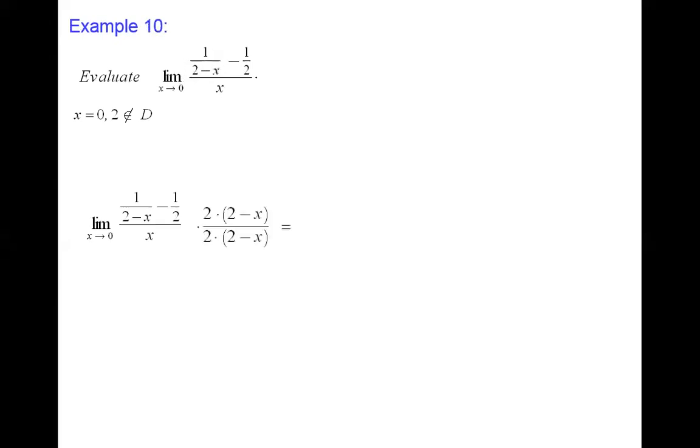I see that my common denominator from the top is 2 times (2 minus x). That means I will multiply each expression, the function from the top, and of course the function from the denominator.